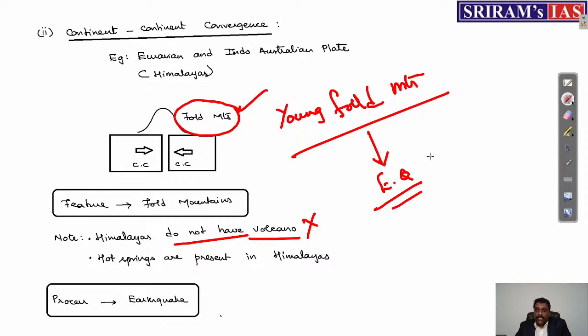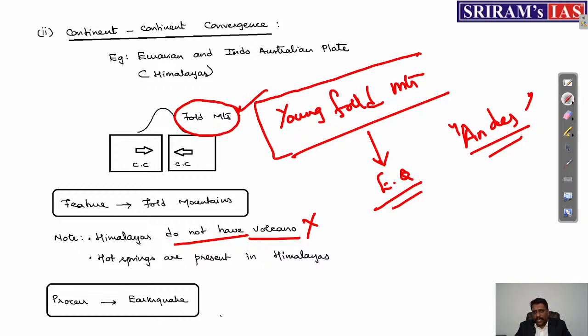The world's largest earthquake, recorded in Chile, is associated with the Andes Mountains. Turkey earthquake, influence of Caucasus Mountains; Himalayan region, highly prone to earthquake; world's largest earthquake recorded, Andes Mountains. All these are young fold mountains. Any young fold mountains, my dear friends, are highly vulnerable to earthquakes. Kindly remember it.